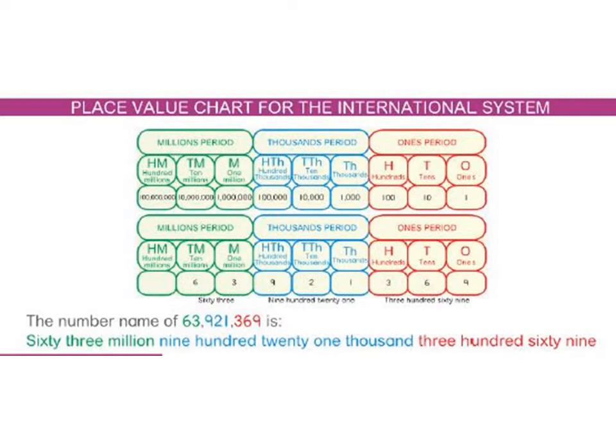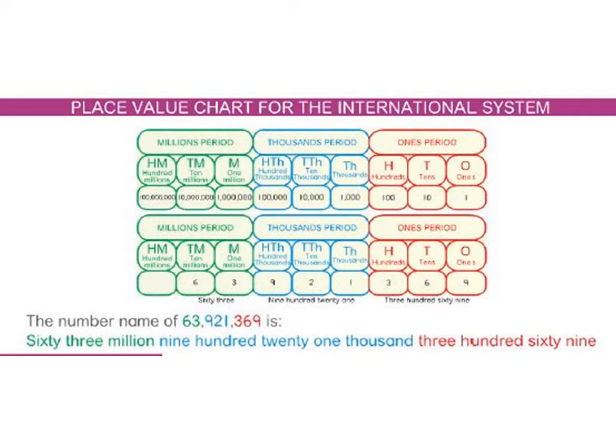The first period is the ones period, which contains the ones, tens and hundreds place. The second period will be the thousands period, and it will contain the 1000, 10,000 and 100,000 place. The third period will be the millions period, which will contain million, 10 million, 100 million.